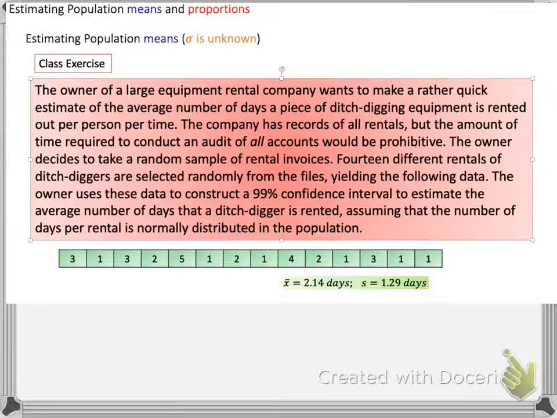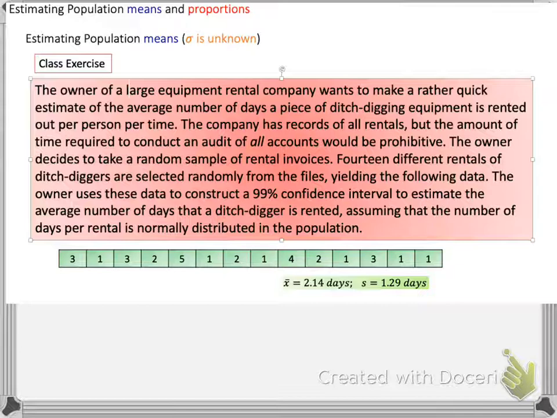For example, the owner of a large equipment rental company wants to make a rather quick estimate of the average number of days a piece of ditch digging equipment is rented out per person per time. The company has records of all rentals, but the amount of time required to conduct an audit of all accounts would be prohibitive.